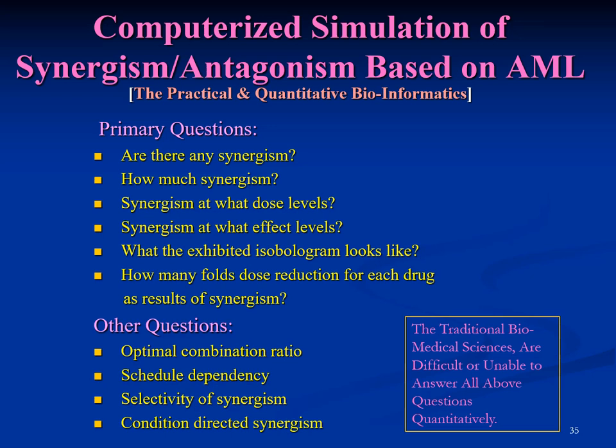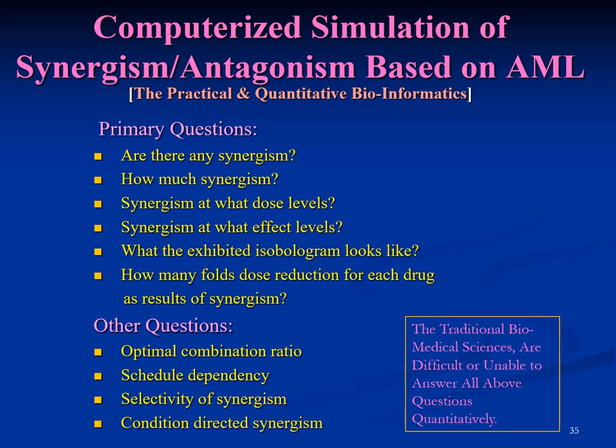The computing software can solve many practical dynamic questions. It can simulate CI value at different effect levels and different dose levels.